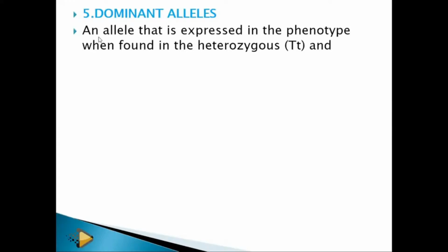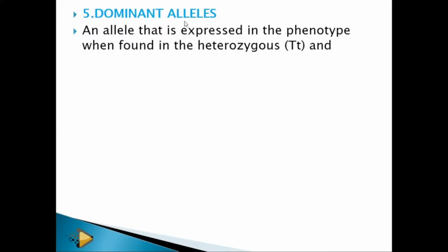Then we talk about a dominant allele. Because you have two forms of alleles, one can be dominant and another can be recessive. Both of them can be dominant, or both of them can be recessive. Dominant means something which suppresses another thing. So an allele that is expressed in the phenotype when found in a heterozygous state.